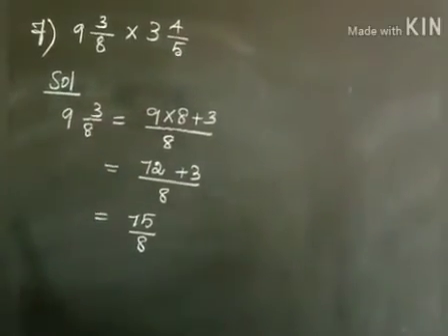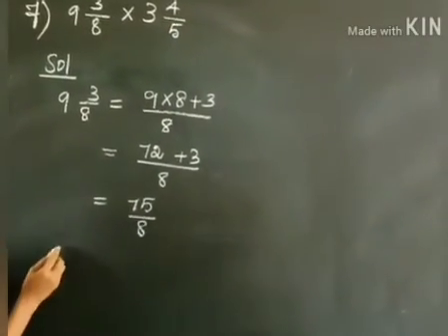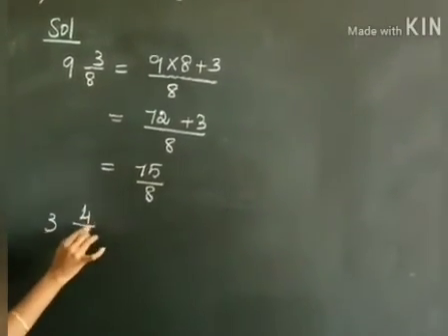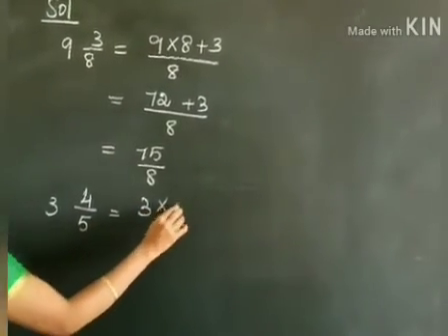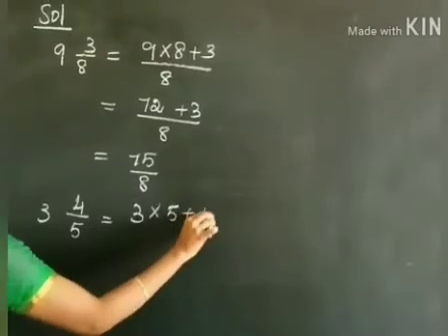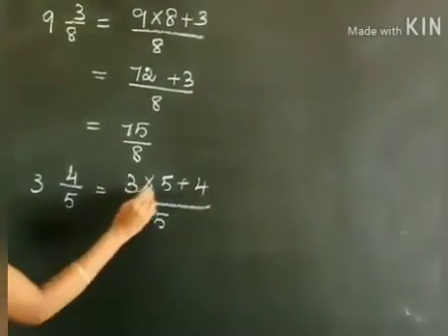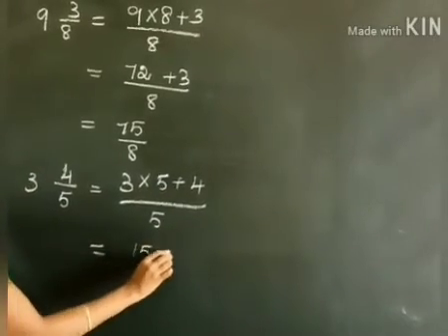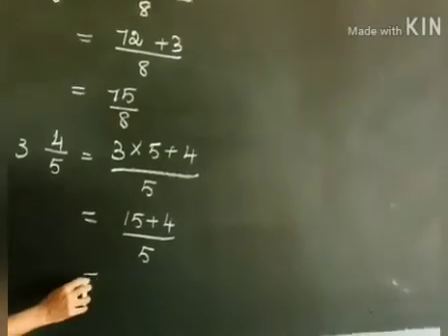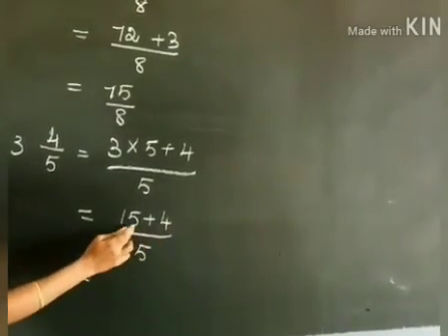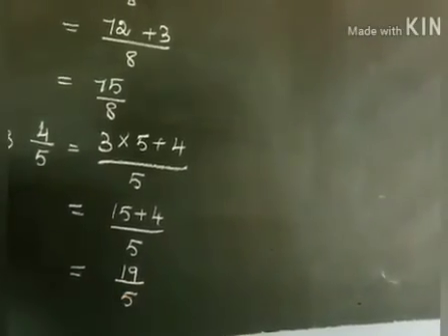Next mixed fraction is 3 4/5. We convert it into an improper fraction. 3 4/5 equals whole number into denominator 5 plus numerator 4, divided by denominator 5. 3 5s are 15 plus 4, which is 19 divided by 5.